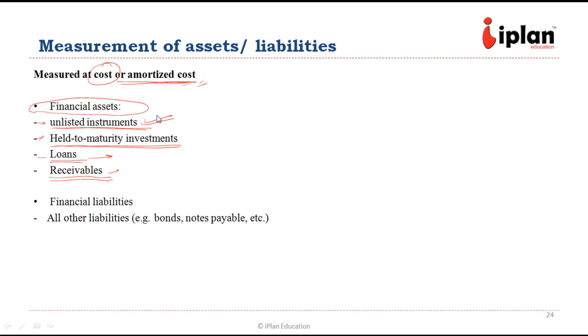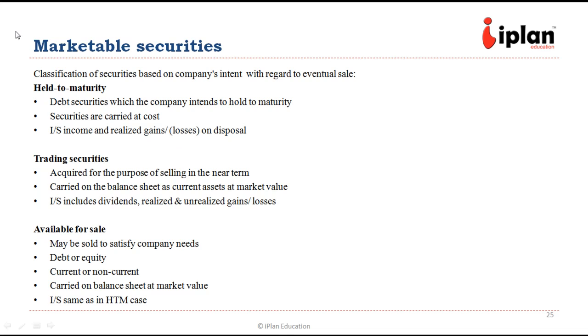And similarly, the receivables also we keep at amortized cost. On the same lines, the financial liabilities such as bonds, notes payable, etc., also have to be put at the amortized cost.